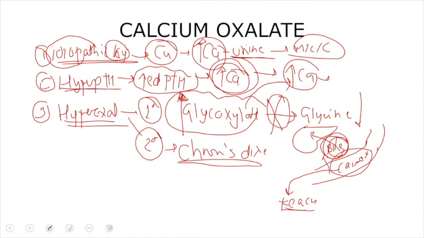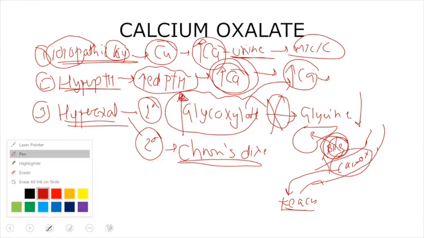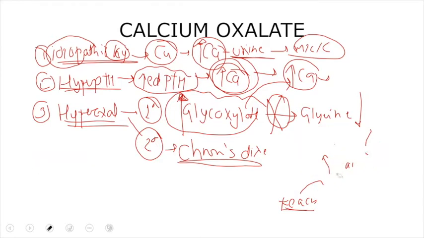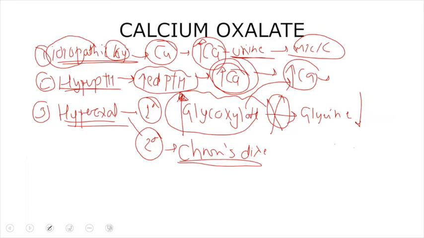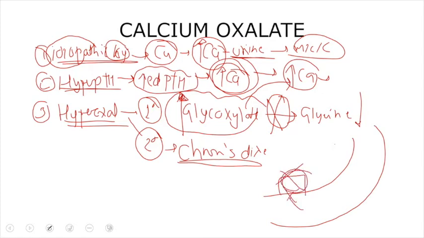But let us consider a condition known as inflammatory bowel disease. Let us again draw the terminal part of the intestine, and now the intestine has been inflamed. Because of that, the bile salt will not be reabsorbed because of the defective transporter or defective absorption system.